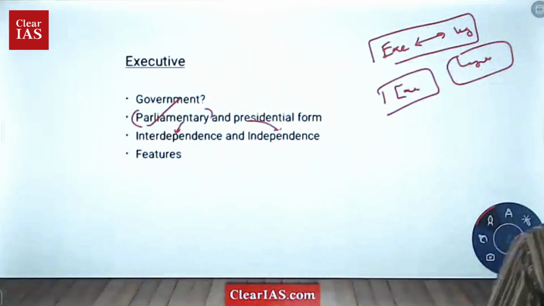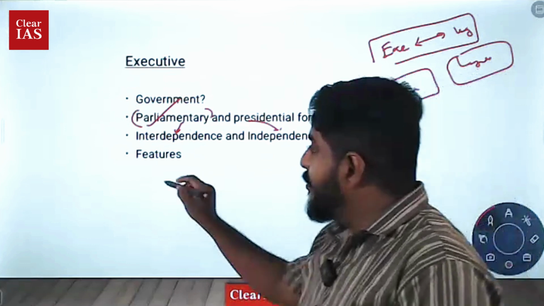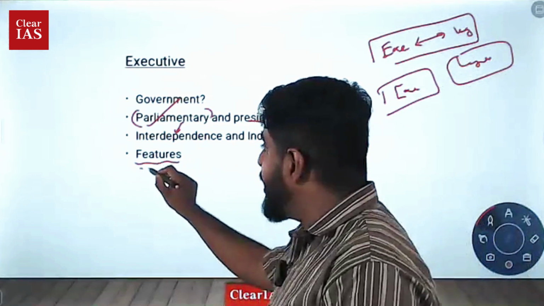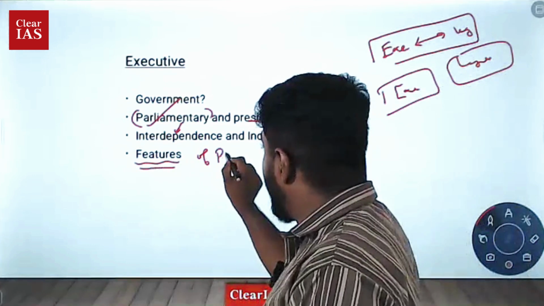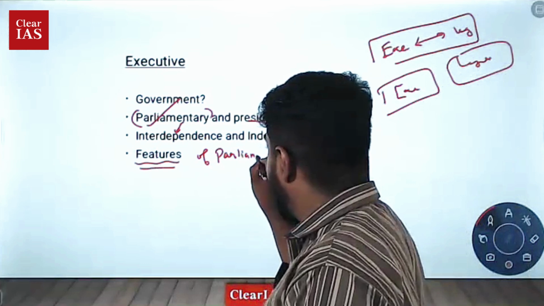Now, as we are speaking about the Indian polity, we will have to understand the features of the parliamentary model of government.